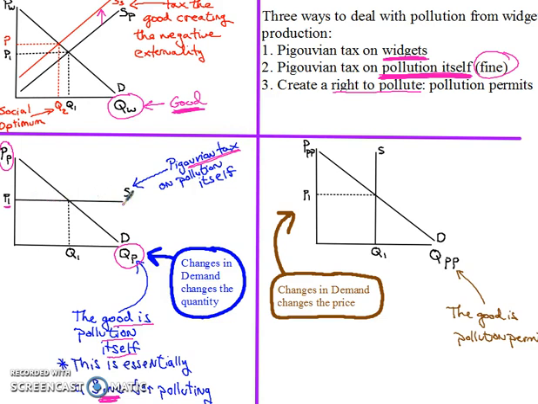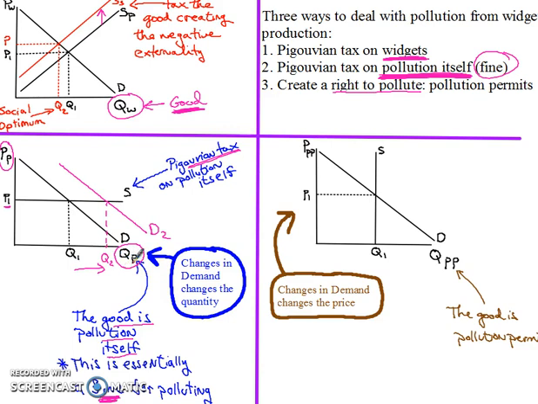Now, notice this. If companies decide that for whatever reason they want to increase production and therefore pollute more, that essentially shifts the demand for polluting out to the right. And that does not change the fine. The fine stays the same, but it will increase the quantity of pollution that happens.